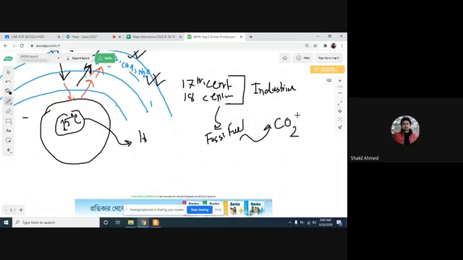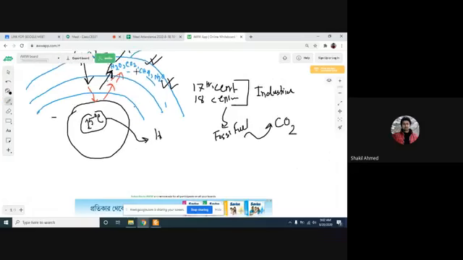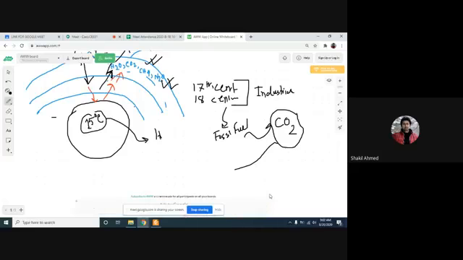Okay. Now this was natural, but you are now adding a massive amount of carbon dioxide. This is artificial. Artificial means you have generated it by burning fossil fuel and other activities. So now you are adding carbon dioxide here.